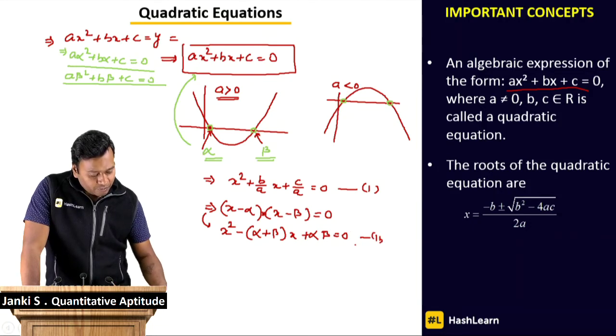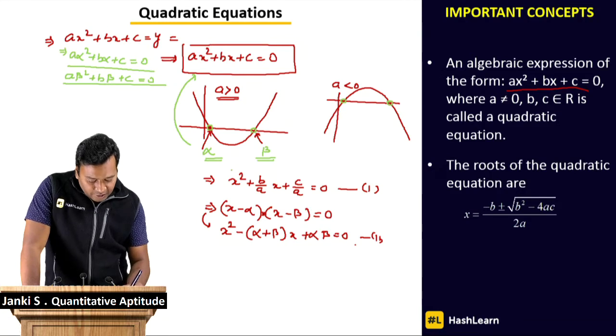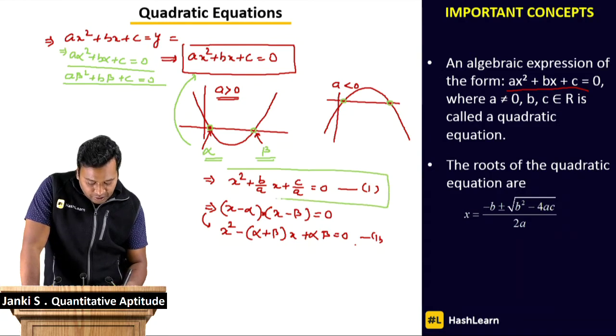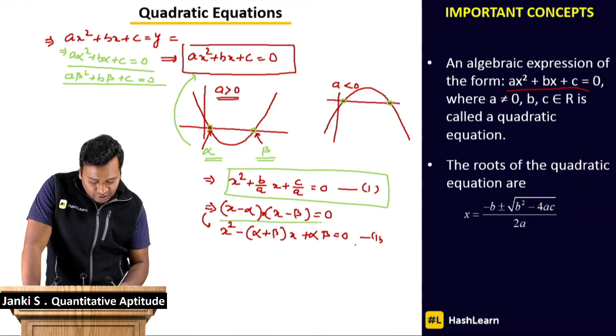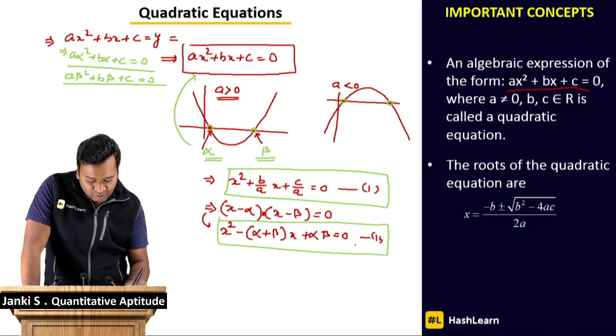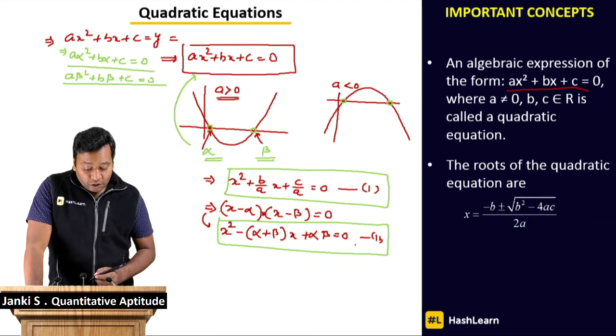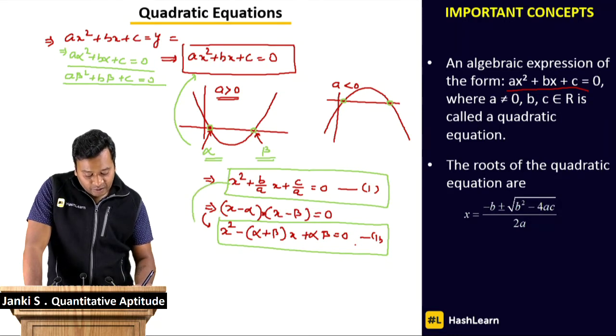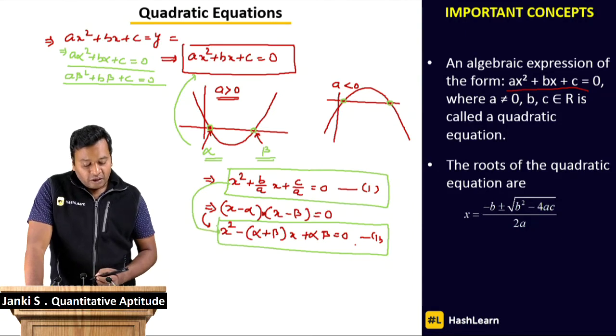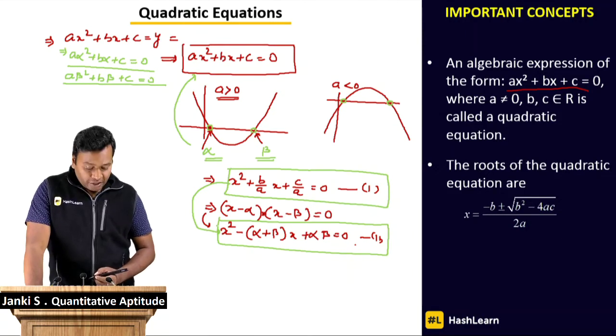Now you correlate these two equations, right? My first equation is this thing that represents a quadratic equation. The second equation is x square minus (alpha plus beta) into x plus alpha into beta, right? Here if you see, the coefficient of x square is the same in both cases, and both represent my quadratic equation.